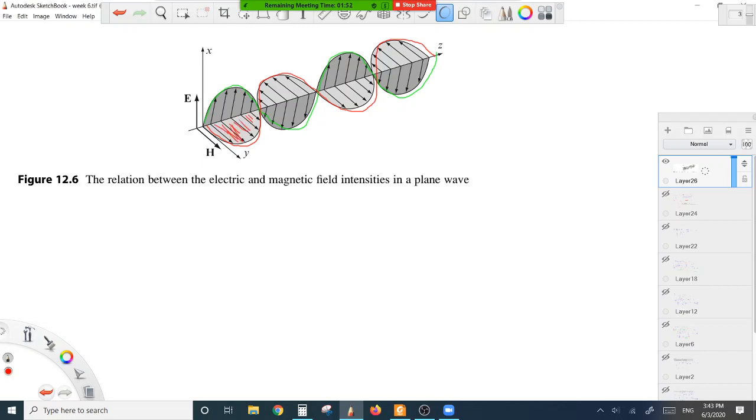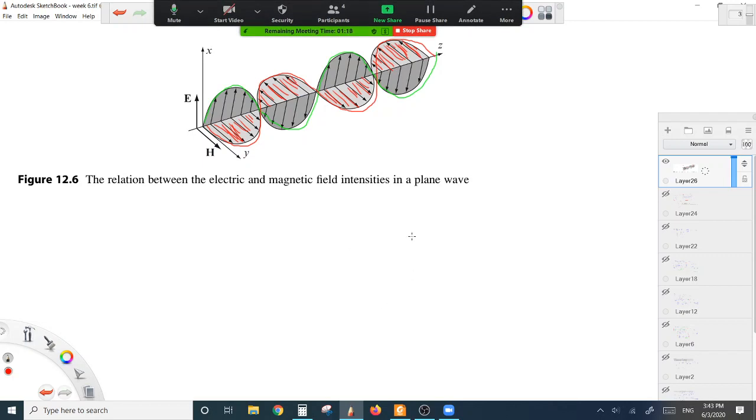In red we have magnetic field intensities, in black we have electric field intensities. So let's see one example.